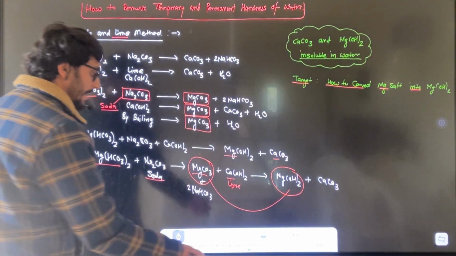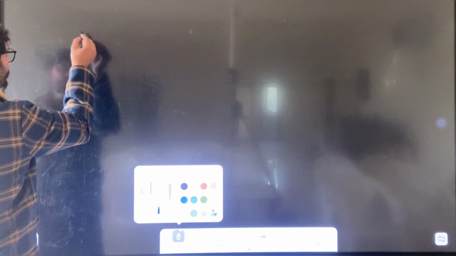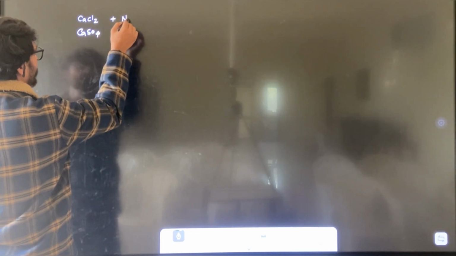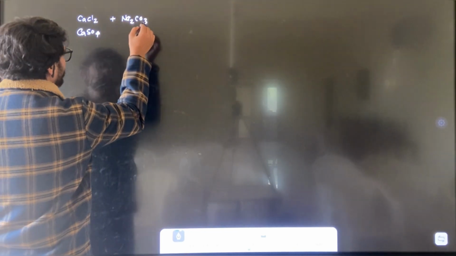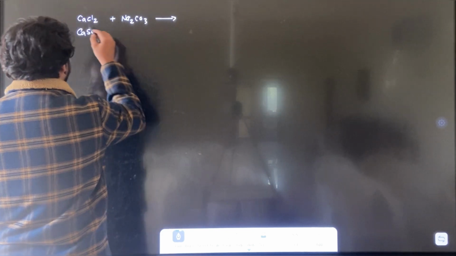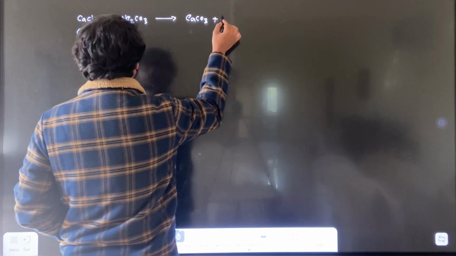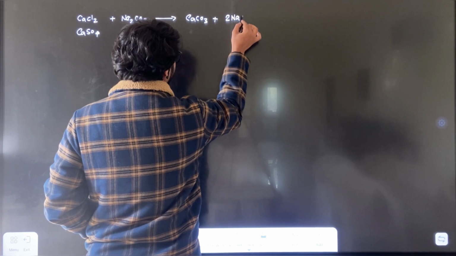But if we have a salt of calcium like chloride and sulfate, how do the reactions follow? If we have a salt like calcium chloride and it reacts with soda, Na2CO3, we get calcium carbonate and the side product sodium chloride.